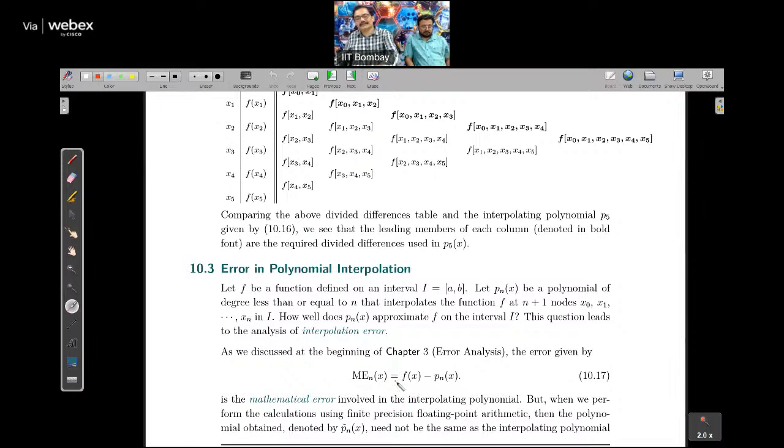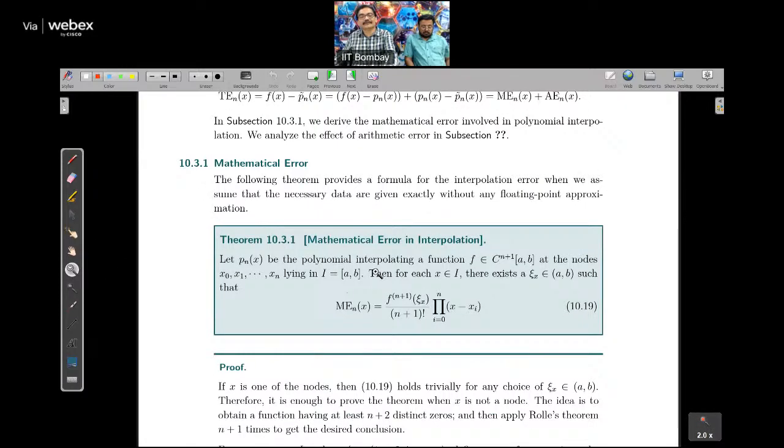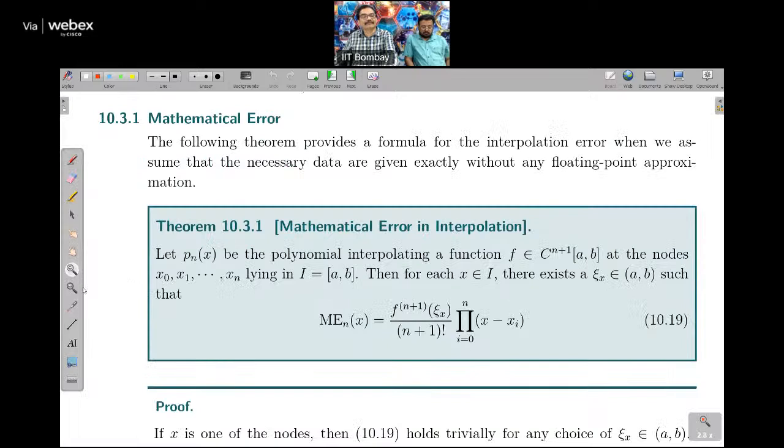For that, we have proved a theorem on the mathematical error, but strictly speaking, practically it is not of much use because it involves not only the function value, but also the n plus first derivative of the function.